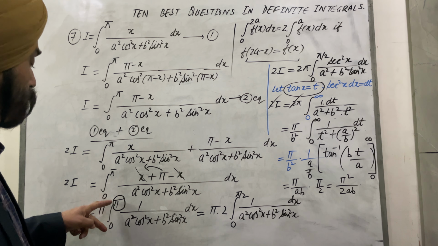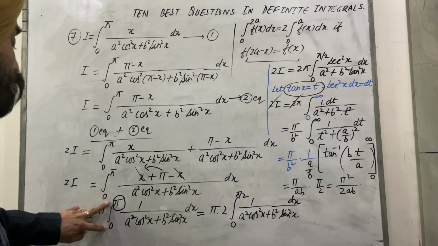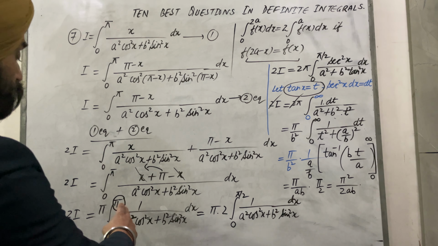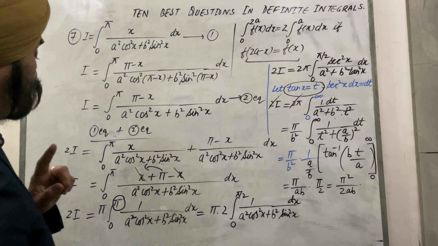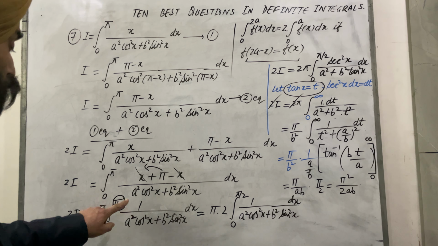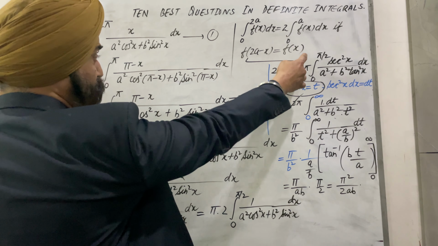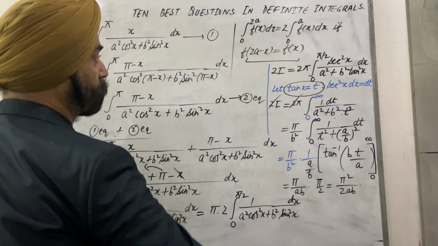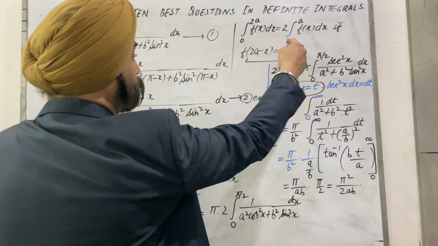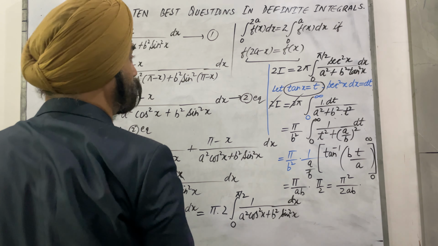When we are dealing with definite integrals, the endpoints of the limits, 0 to pi, are not included. So there is a rule according to the eighth property which enables us to convert the upper limit to its half, subject to the condition that f(2a minus x) comes out the same as f(x). So the integral from 0 to 2a of f(x) dx can be written as 2 times the integral from 0 to a of f(x) dx only if f(2a minus x) is equal to f(x).